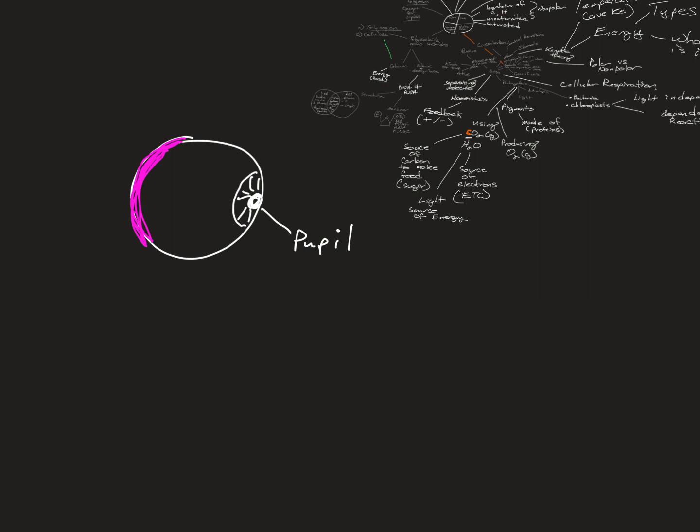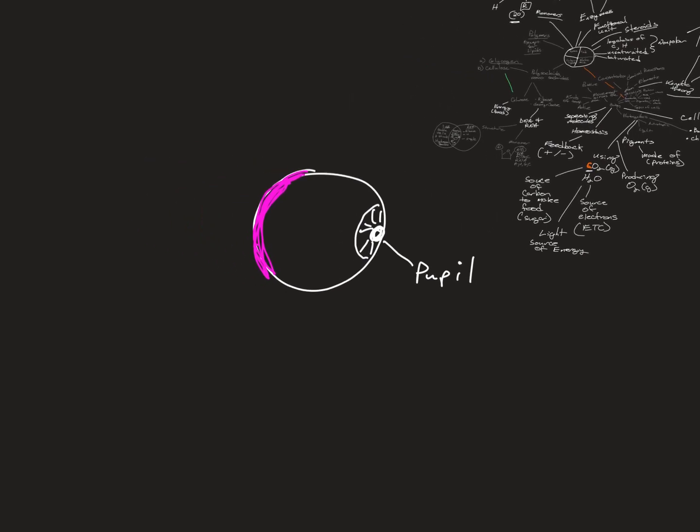All right, so anyways, the pupil lets in light, and here there's all this liquid. The pupil opens or closes. And by the way, when you're on drugs, and I don't mean illicit drugs, I'm talking about any kind of drugs that you might take from your doctor.